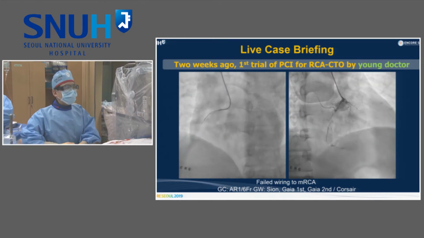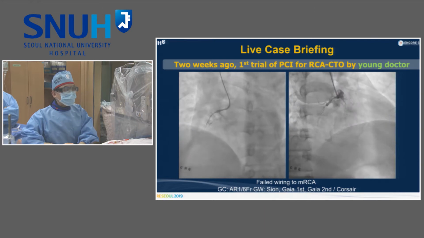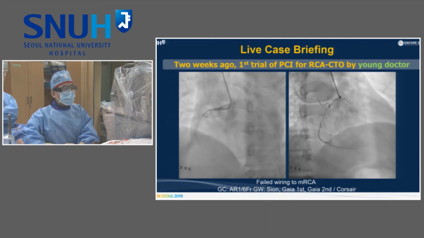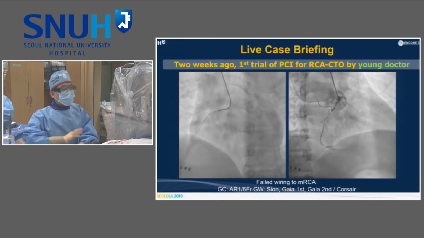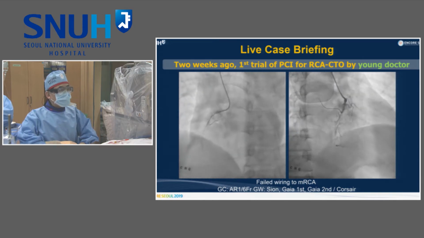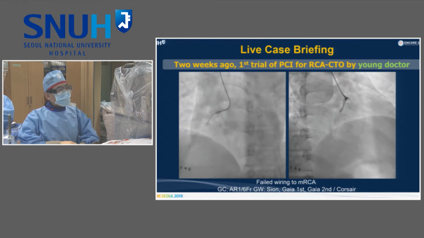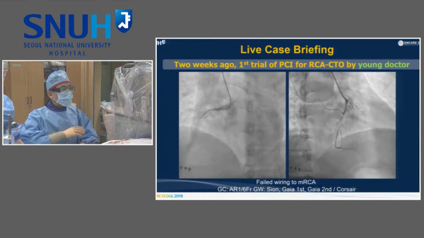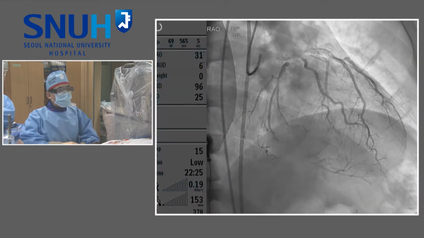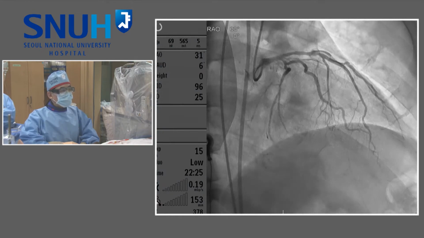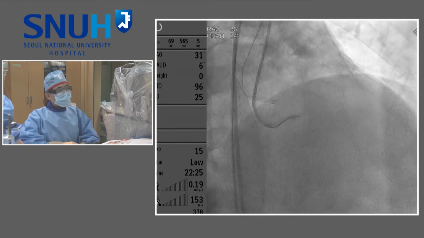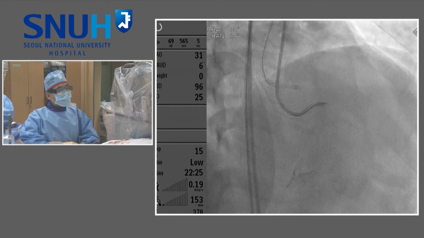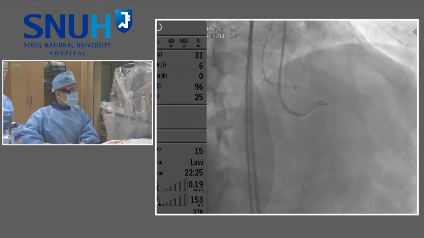Thus, I try a retrograde approach because there are eminent epicardial ipsilateral collateral channels, and there must already be a false lumen antegrade. Thus, I try retrograde and then antegrade, both ways. Before that, I'd like to have some comment from your commentator, Dr. Asakura.